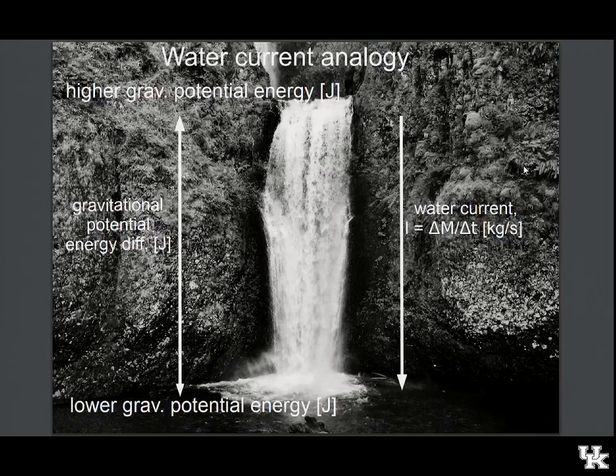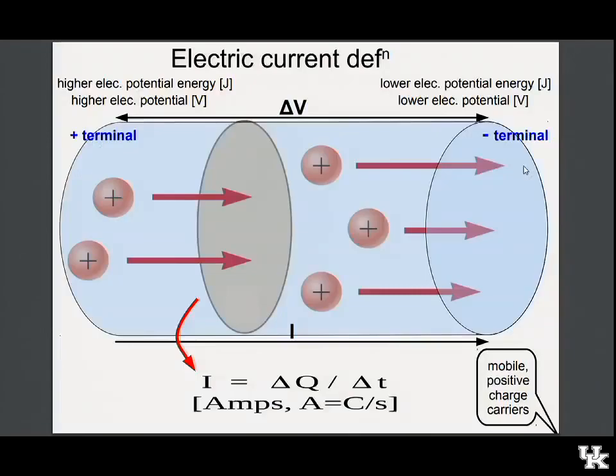It would measure the flow of water in kilograms per second over the waterfall and down the waterfall. That's how we would quantify water current. And so that's going to be an analogy to how we think about electrical currents. And actually, often in electrical circuits, you might want to think about this sort of water analogy, because it can give you some intuition that helps in understanding electrical circuits.